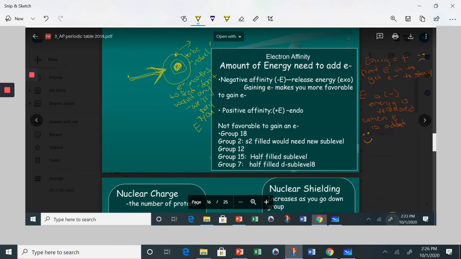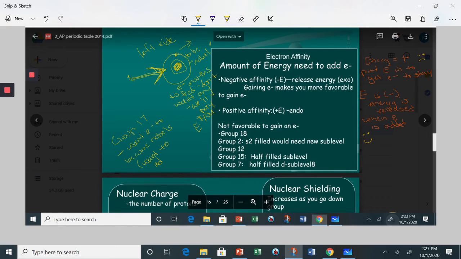On the other end, so this is going to be the left side of the table. When you go to group 17, they want electrons. They want to feed more mouths. They want to adopt more kids, right? This is a horrible thing to say, but think about the adoption process.